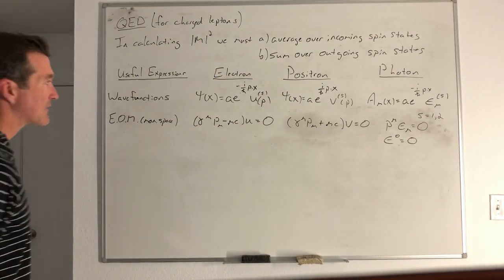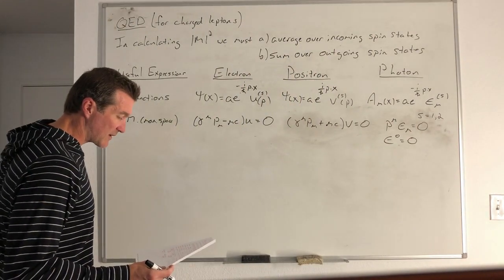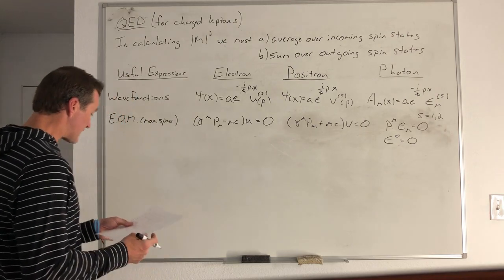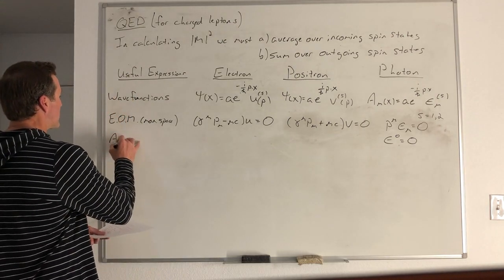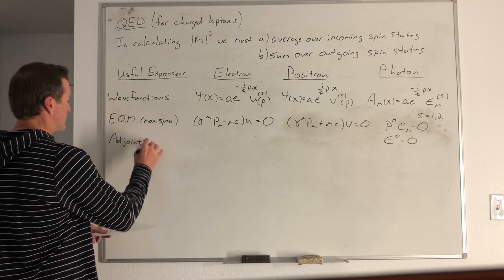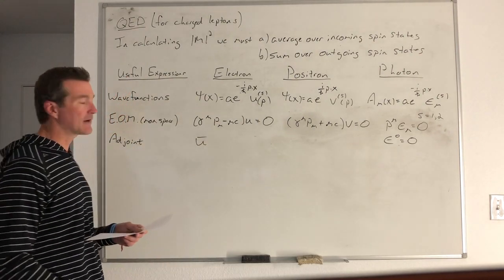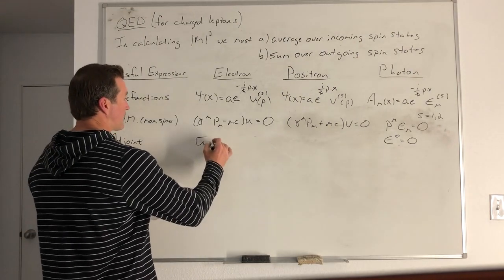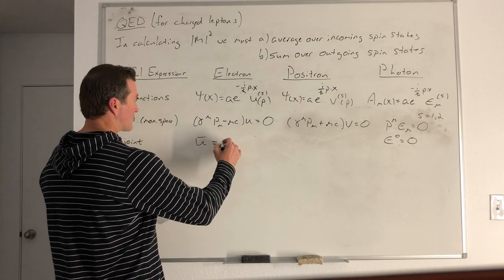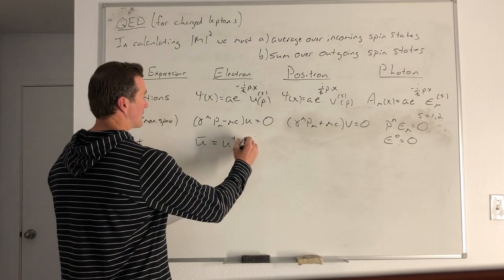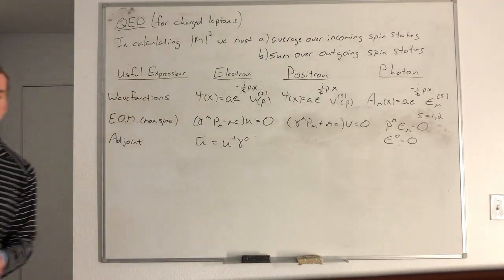I just want to get this all out there so that we can start calculating things when we meet next time. We're going to need an adjoint for these fields. You might or might not remember how to do an adjoint for a spinor, but we take u dagger times gamma 0.